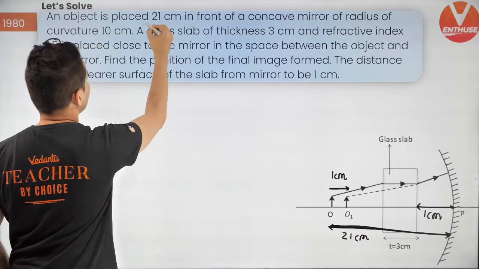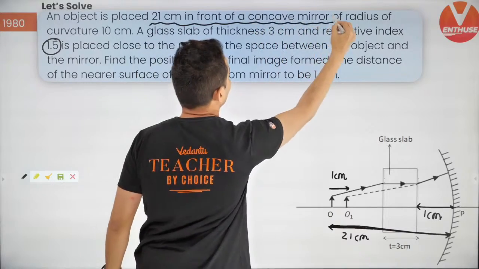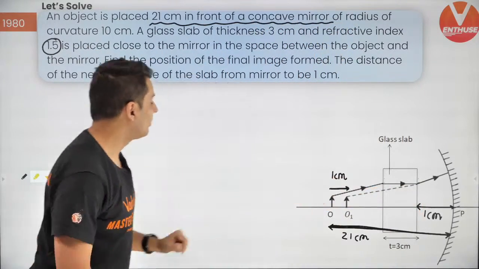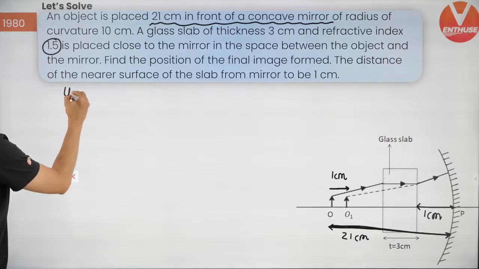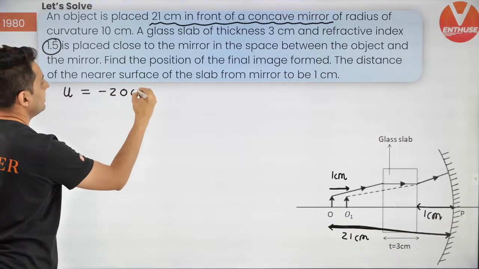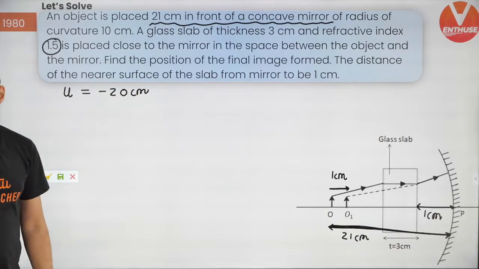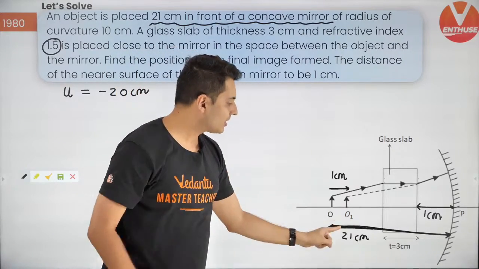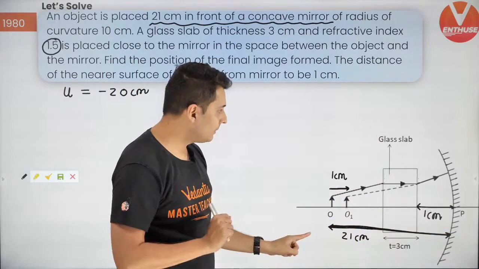Look at that. The object is 21 centimeters in front of the concave mirror. Cool. So what is the actual object distance? I feel it is just minus 20 centimeters. Just check this out. Yes. I hope this is clear. This is just 20 centimeters in front of the mirror.